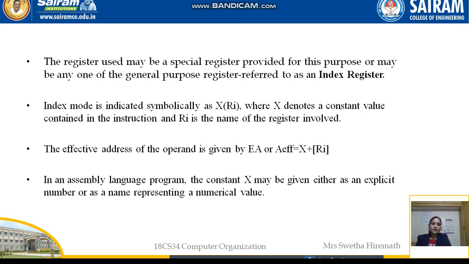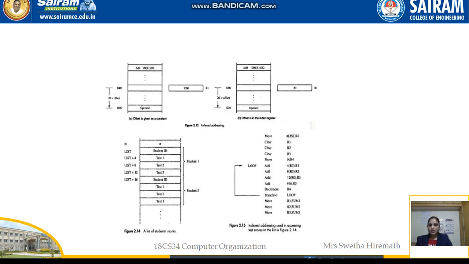So both together we calculate the effective address. In an assembly language program, the constant X may be given either as an explicit number or as a name representing a numerical value.